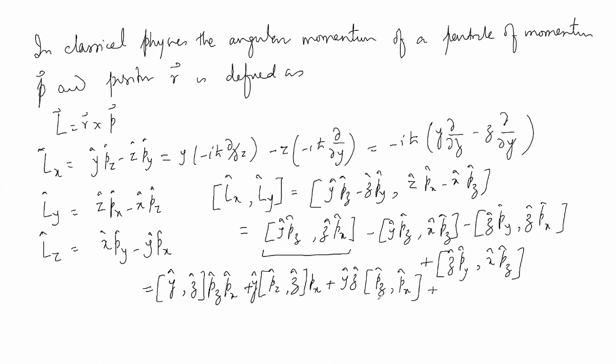Yes, YZ PZ PX, and what we are left with is YPX, which means Z here, YPX, and here it will be PZ. There will be four terms corresponding to each.